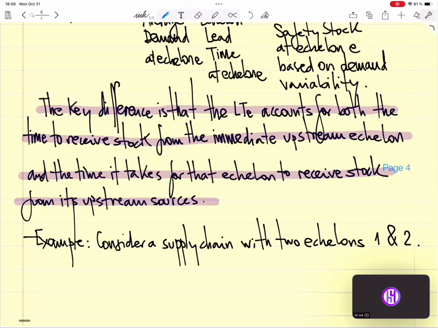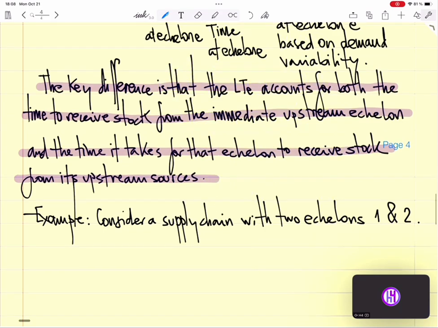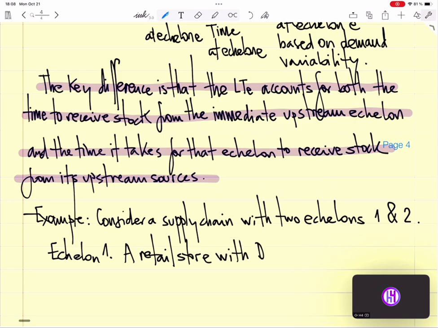Echelon 1 is a retail store, Aldi, with an average daily demand of 50 units a day.